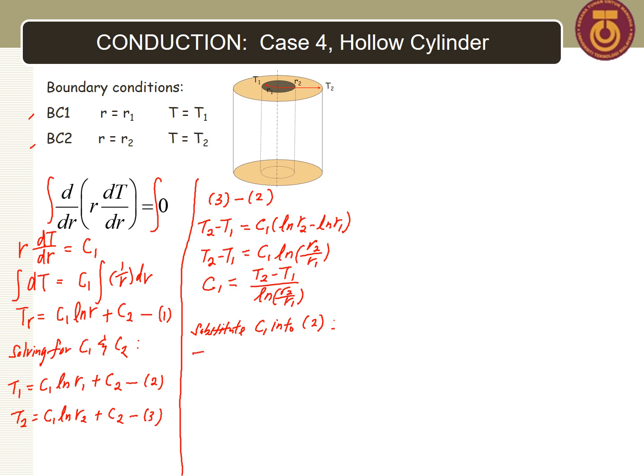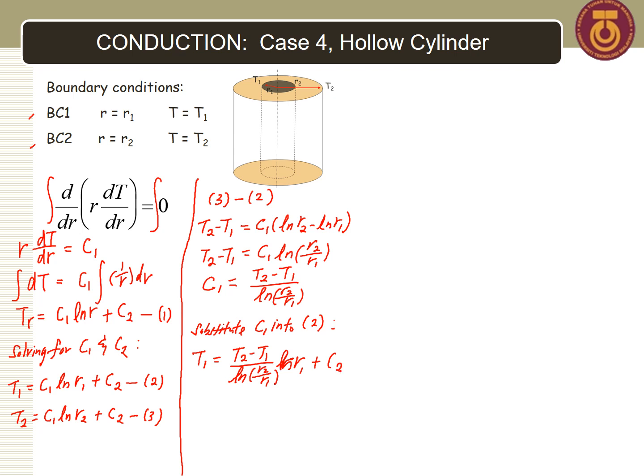Okay, then we get T1 equals T2 minus T1 divided by ln R2 over R1, times ln R1, plus C2.